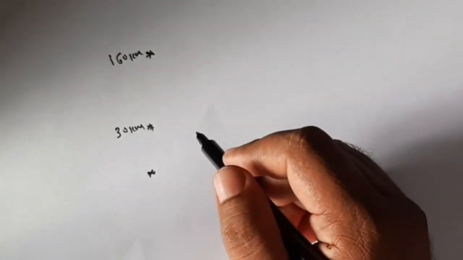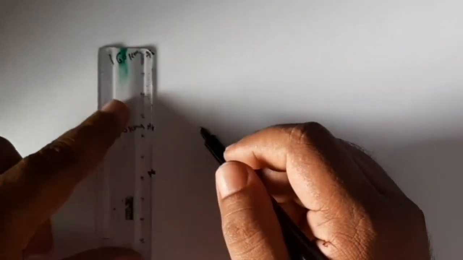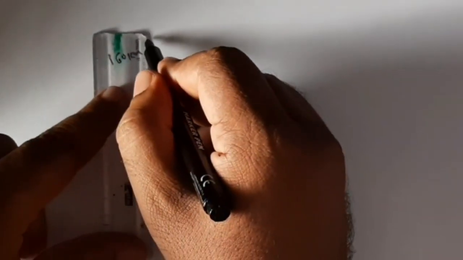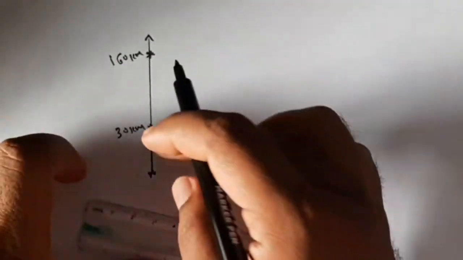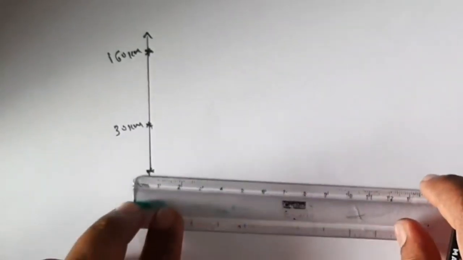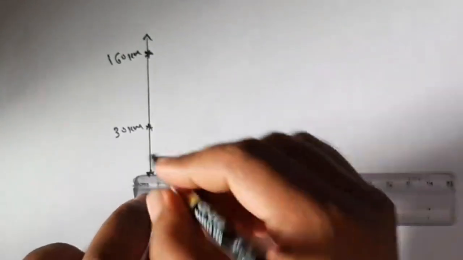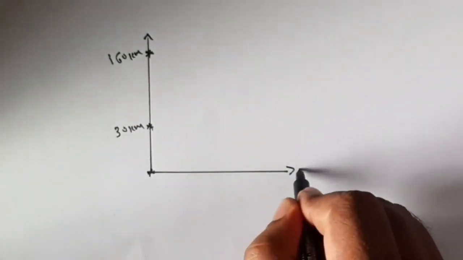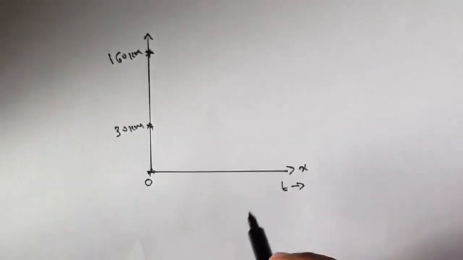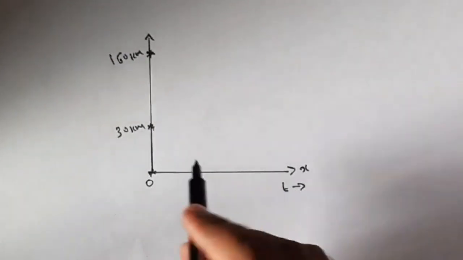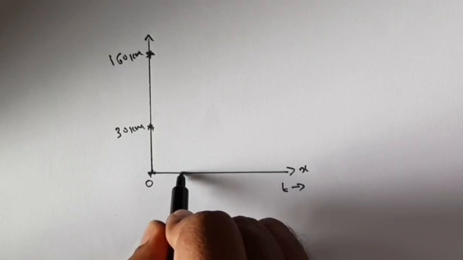If you want to express this graphically, we need x and y axes. Let us take the y axis as distance covered, and this distance covered is depending on time, so take the x axis as time taken. On the x axis, I will mark 1 hour somewhere here, and 3 hours somewhere here.